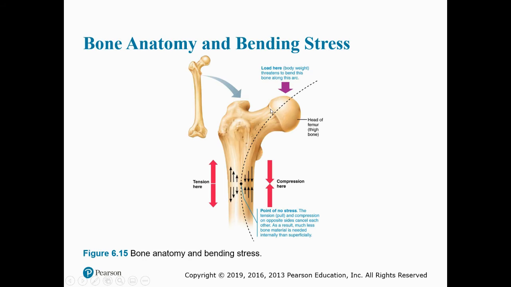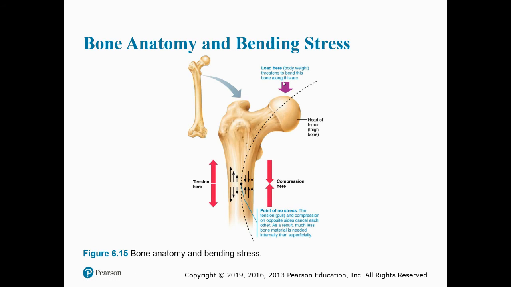Now, if we look at this bone right here, we have two different areas. One area where we're getting outward tension, one area where we're getting inward tension. And this is why we see bones like this, and this is the femur, where it has this kind of bow to it. That bow is because of the forces that we place upon it. That force guides and directs that bone.